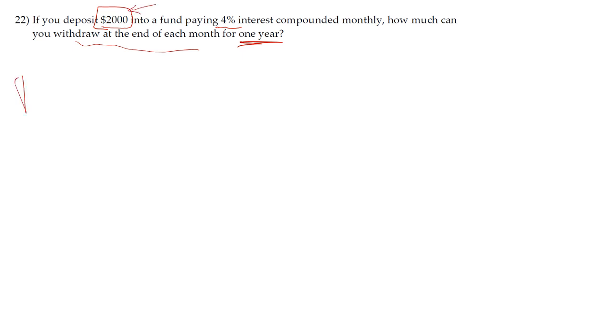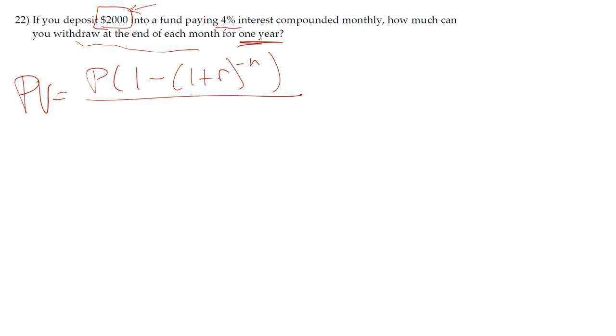So this is a present value formula. We have our present value equals P times 1 minus 1 plus R to the negative N all over R. If we plug this in, we're looking for how much we could pay ourselves.